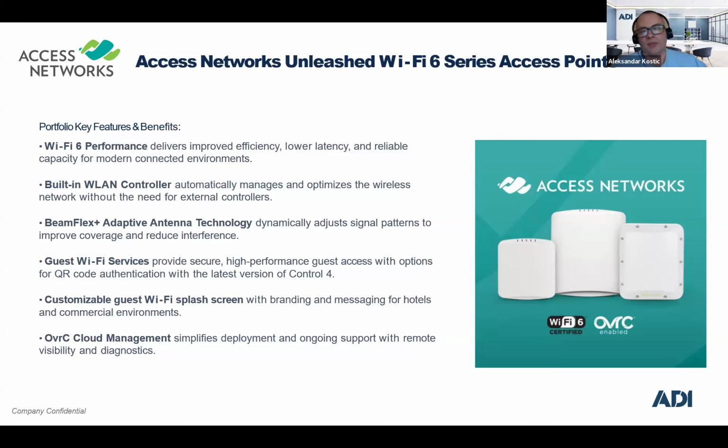Okay, so in OvrC, in the networking category, we have configuration, and here is manage. So we have a list of SSIDs here. And on the right-hand side, on the three dots, we have a new option, which is called enable SSID with Control4.